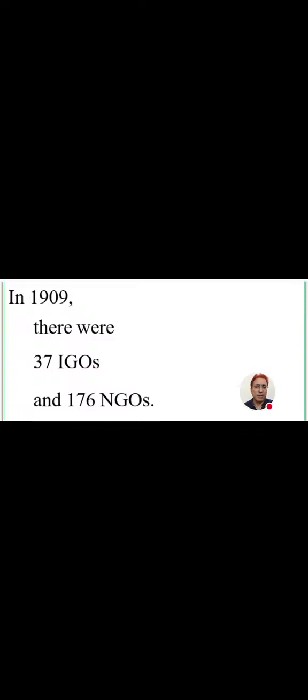In 1909, there were 37 intergovernmental organizations and 176 non governmental organizations. And by 1960, there were 154 intergovernmental organizations. It means their numbers increased.